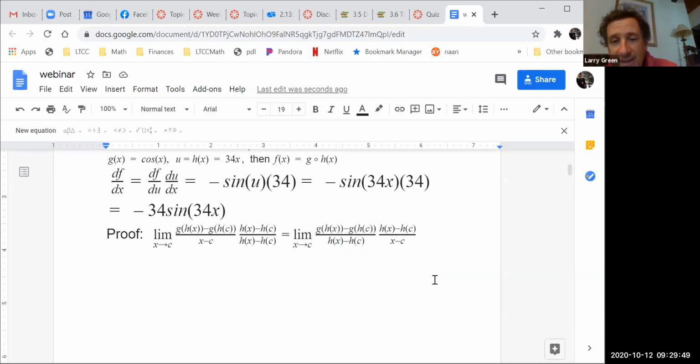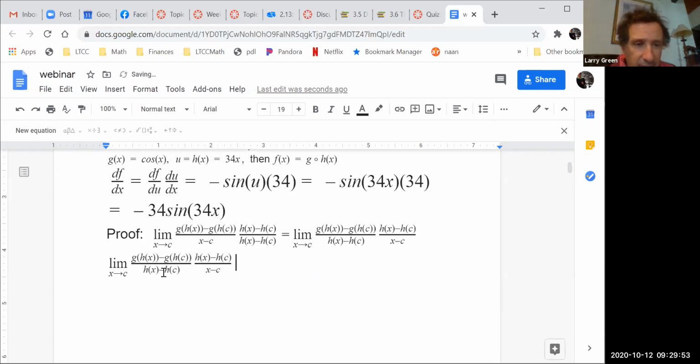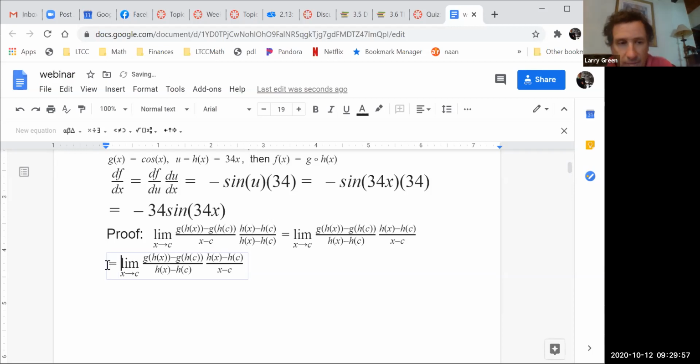Okay, so the next thing I need to do is the following. I need to break this up into 2 limits. And when we learned about limits, we learned that you're allowed to do that.